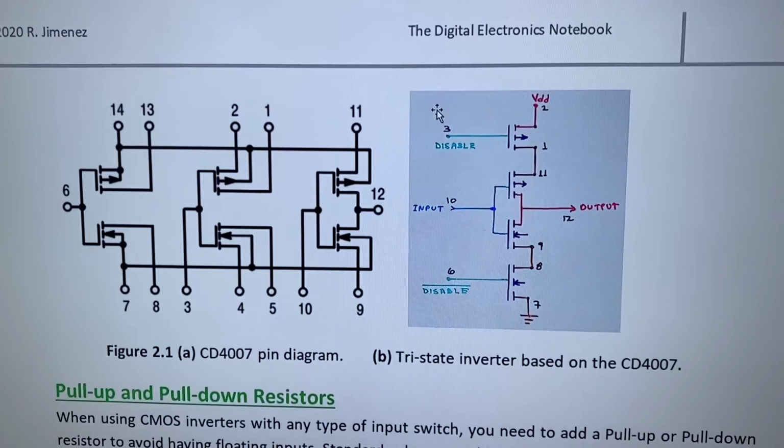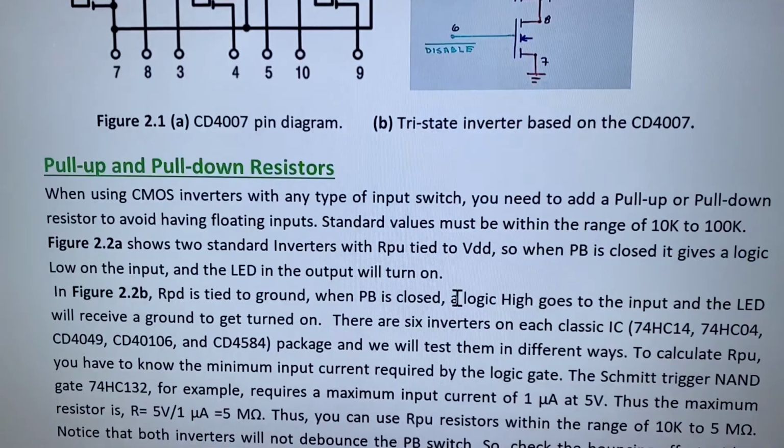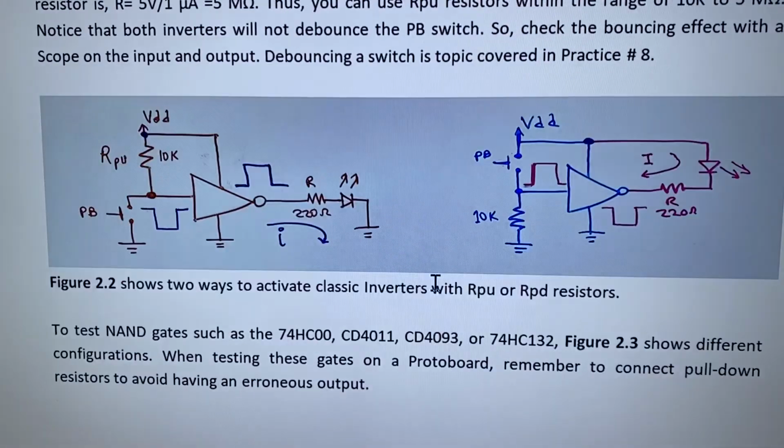So a classic integrated circuit is the CD4007, which has 3 inverters where we can make CMOS inverters, where we can make different combinations. Like the one you see here, which is a tri-state inverter.